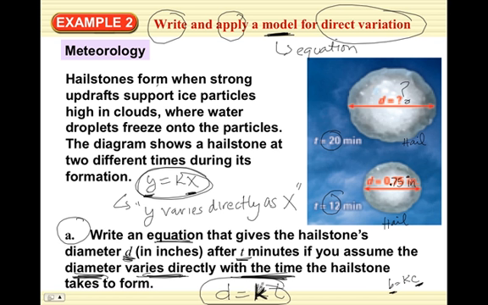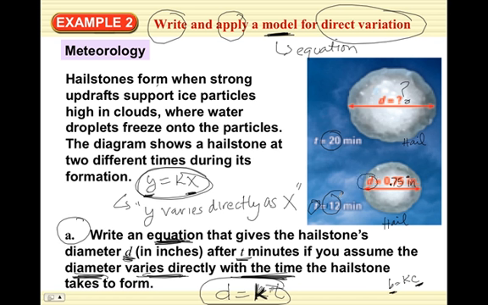Now, if you want to have a direct variation equation, write an equation, all you need is K. But what do they give you to get K? They give you this stuff right here. After 12 minutes, it's 0.75 inches. T is 12. D is 0.75.